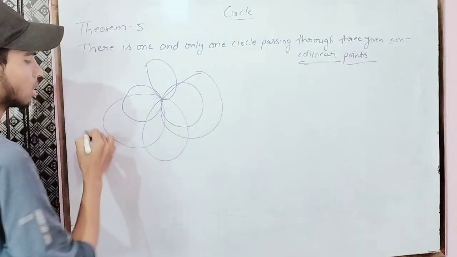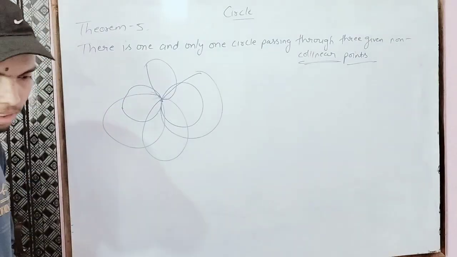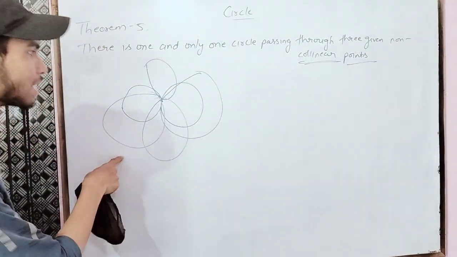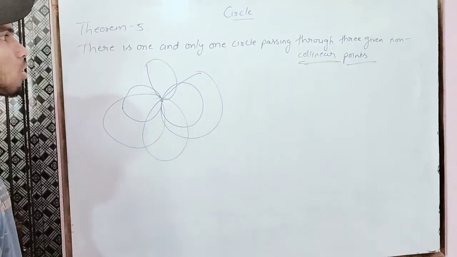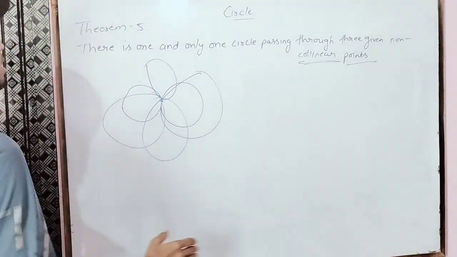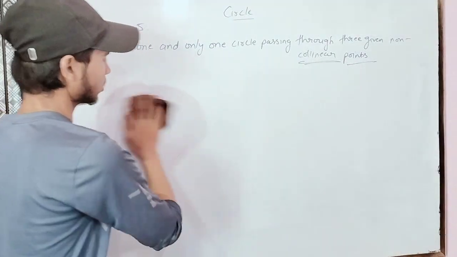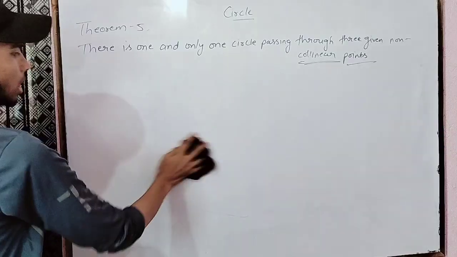Each circle is passing through this one point. So we can say from here that there can be a lot of circles which can pass through a single point.